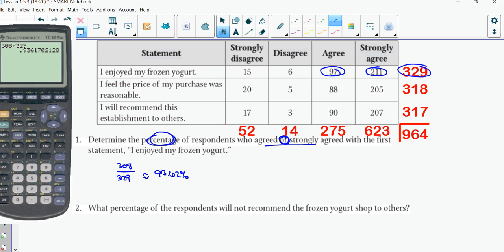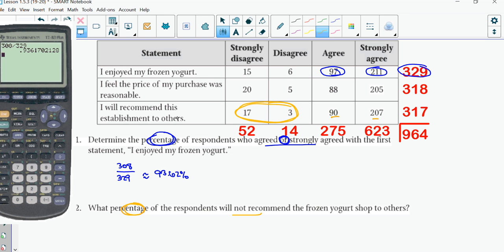All right. The next one says what percentage of the respondents will not recommend the frozen yogurt shop to others. So I will recommend this establishment to others. Let's see what percentage will not recommend. These people who agree and strongly agree are going to recommend, whereas these are not going to recommend.